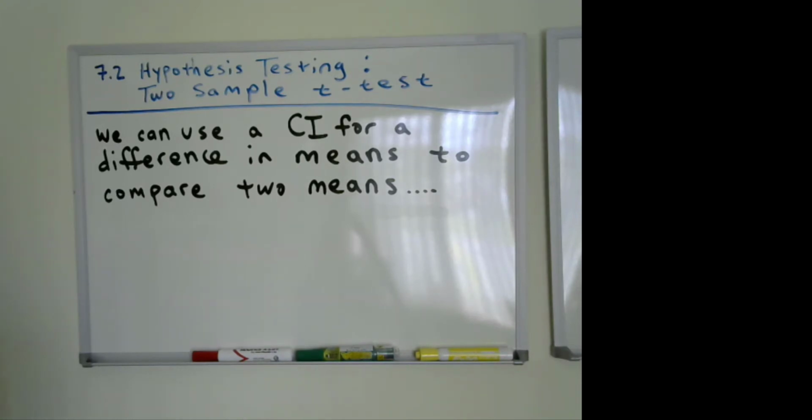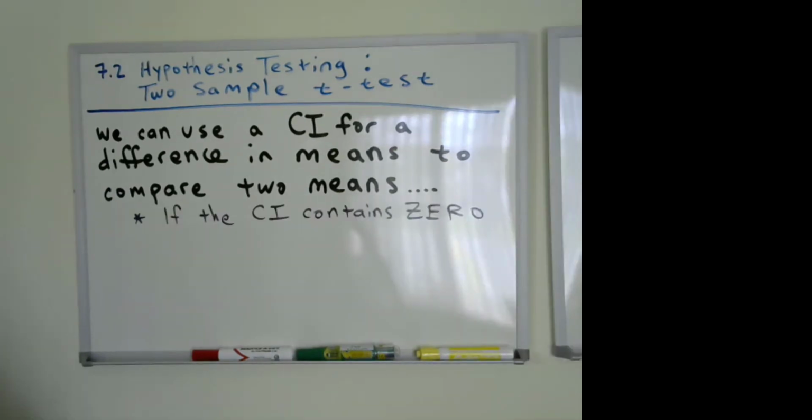Now, we already have a procedure that does compare two population means, and we can do that with a confidence interval. That's the confidence interval for the difference in means. With a confidence interval for a difference in population means, we saw that the number 0 played an important role. That was from chapter 6.6, 6.7.